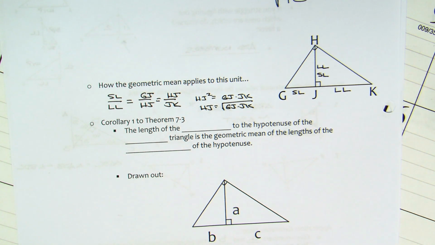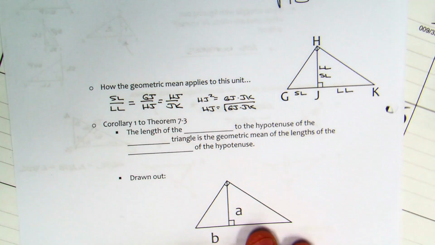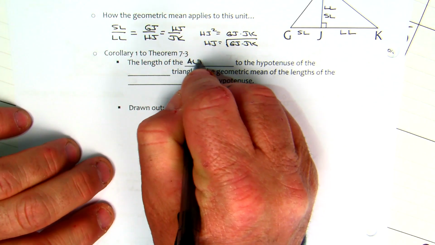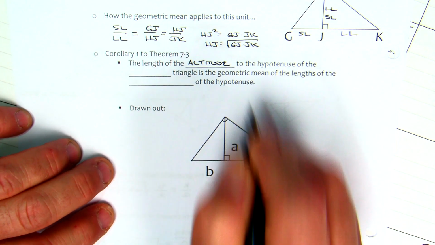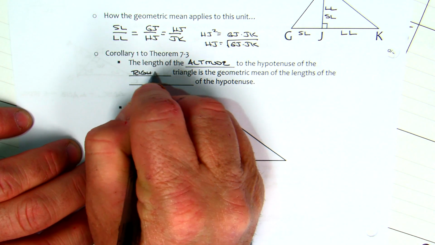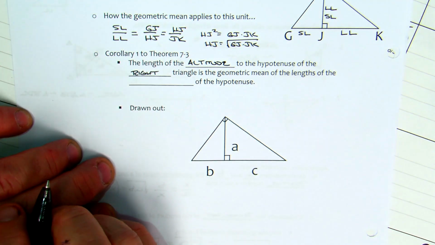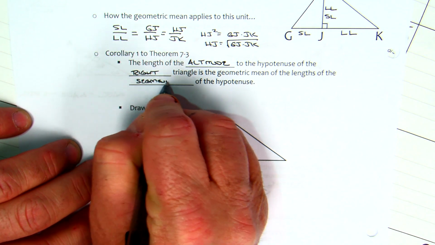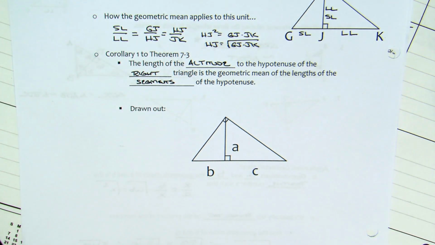All good? So we have ourselves a corollary. Corollary 1 is theorem 7.3. The length of the altitude to the hypotenuse of the right triangle is the geometric mean of the lengths of what we describe as the segments of the hypotenuse.